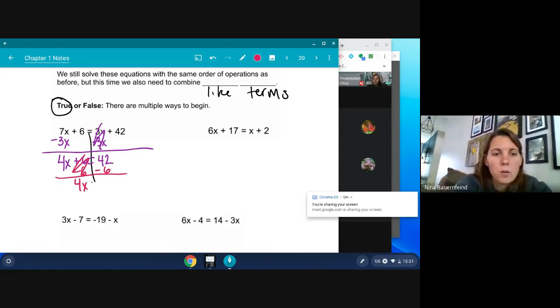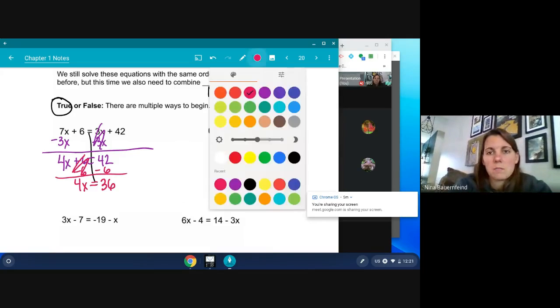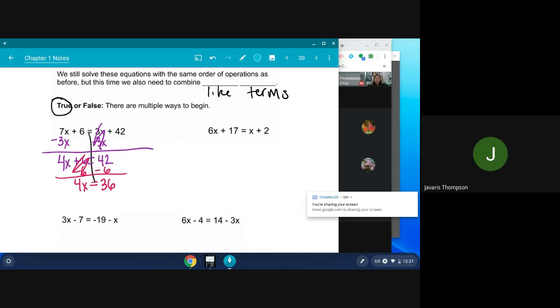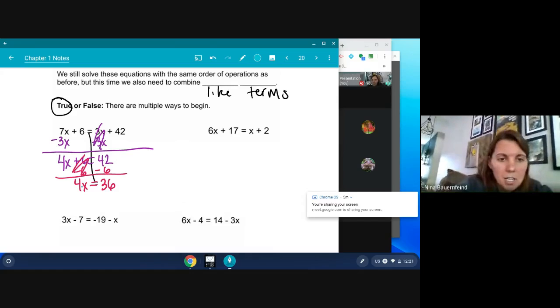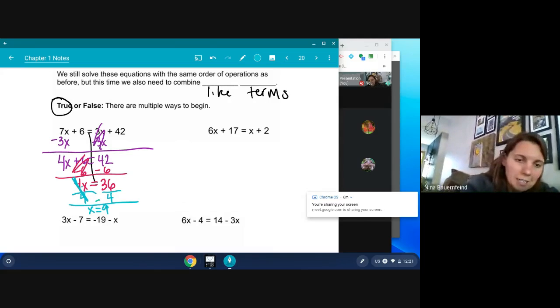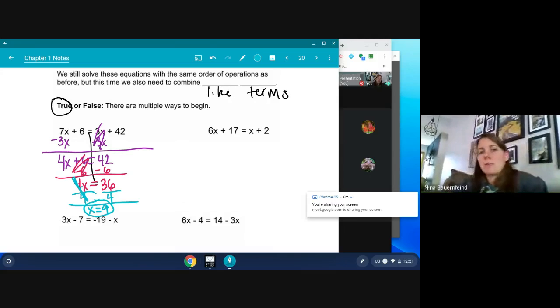So we're left with 4x equals 42 minus 6, which is 36. Do you guys know what we would do last here? 36 divided by 4. Yes. When those touch, that means multiplication. The opposite is division. So we would get x equals 9. 4 divided by 4 is gone because it's 1. So we get x equals 9 for that one. Okay?